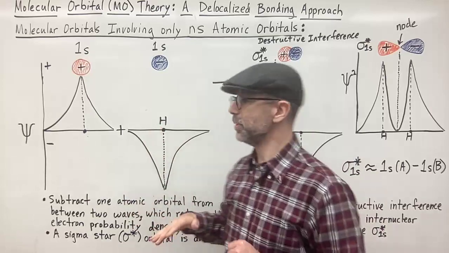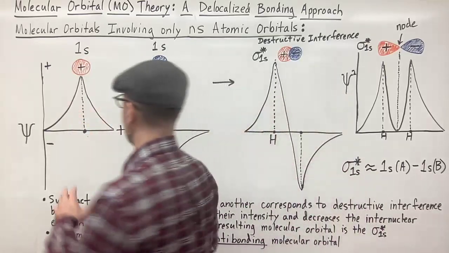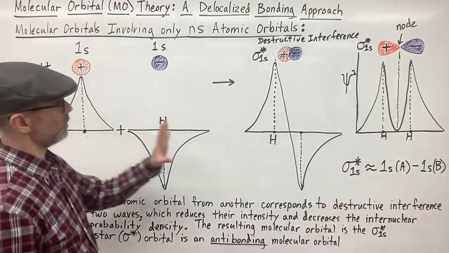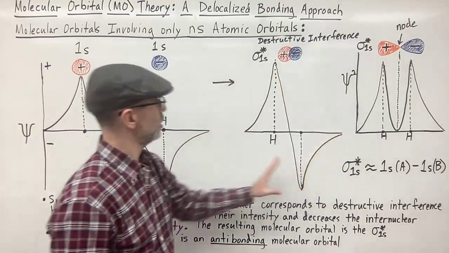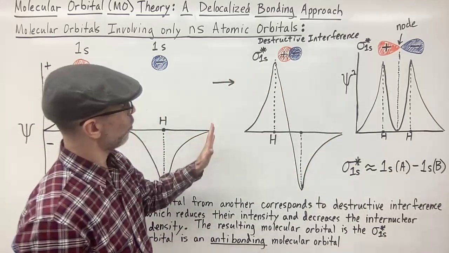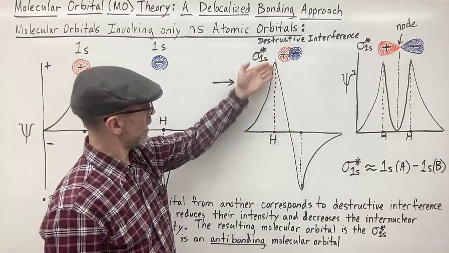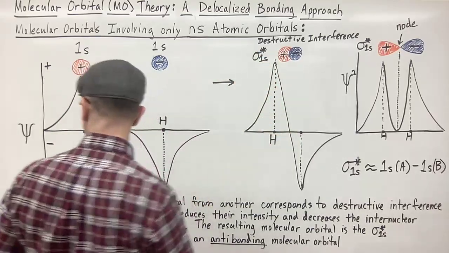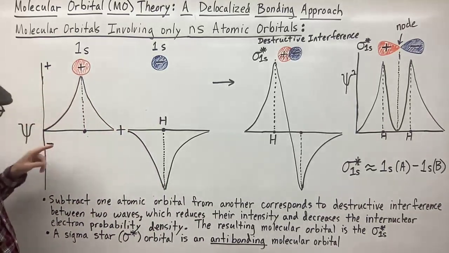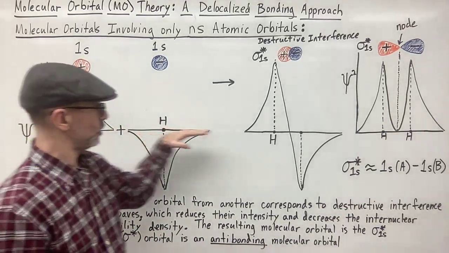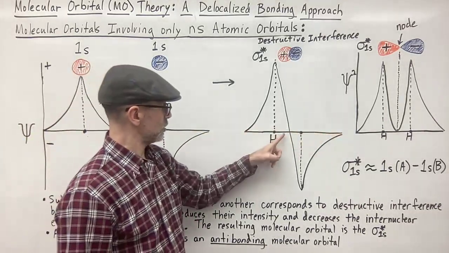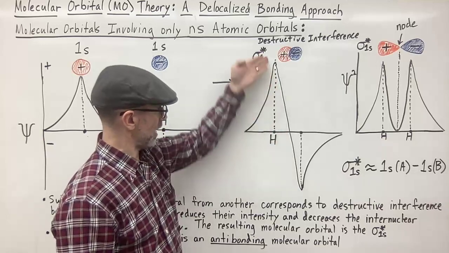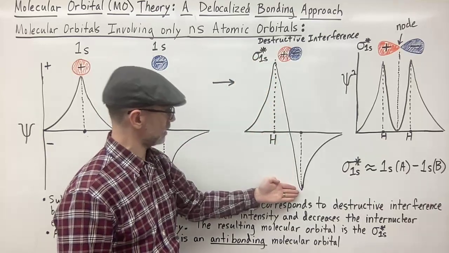And so when the wave functions combine, you get something like this, where the wave function goes through 0 here. So here it's negative, positive, and then we have this 0 intensity, with a line going through here connecting the two.